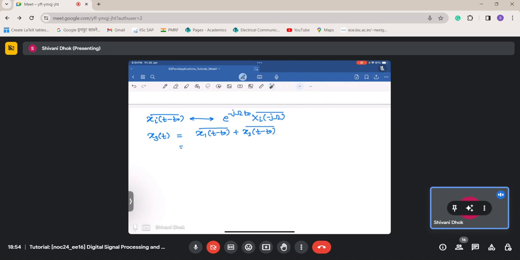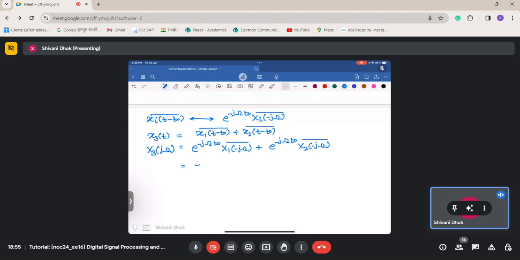If we use the relation we have just derived, then the Fourier transform X3 of j omega will be e power minus j omega t naught X1 of minus j omega conjugate, plus in a similar fashion the Fourier transform of x2 of t minus t naught conjugate, which is e power minus j omega t naught X2 of minus j omega conjugate.